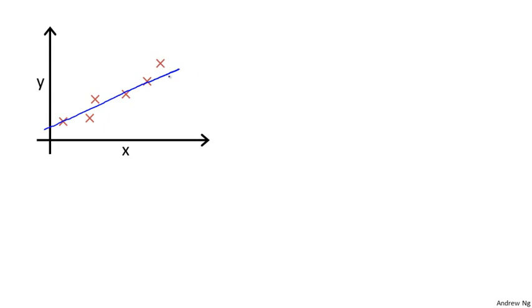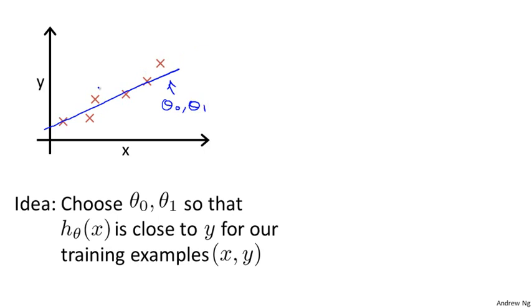So how do we come up with values theta 0, theta 1 that correspond to a good fit to the data? The idea is we're going to choose our parameters theta 0, theta 1 so that h of x, meaning the value we predict on inputs x, is at least close to the values y for the examples in our training set, for our training examples.